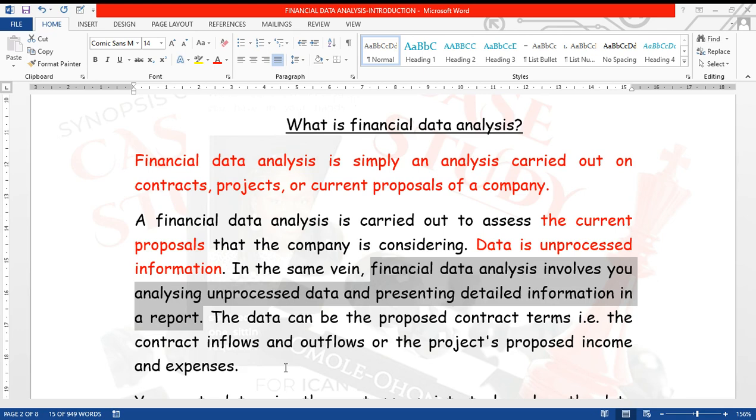Now, financial data analysis is called financial data analysis because you are analyzing financial data. What is data? Data is unprocessed information, right? So you'll be given data on the revenue, the costs of the project, the inflow from the contract, the outflow from the contract. You'll be given other things that will come up as well. Those are data.